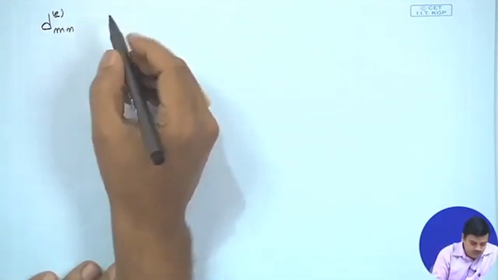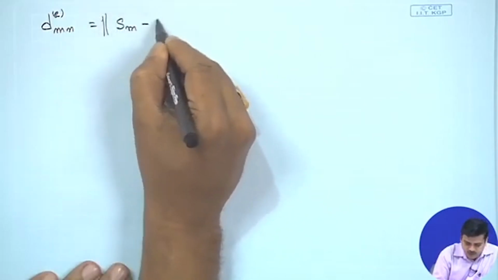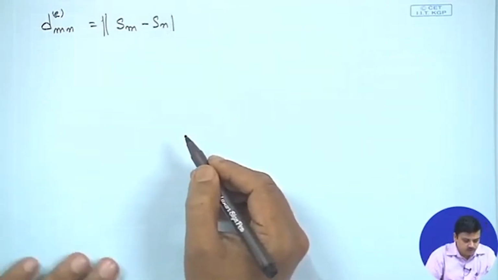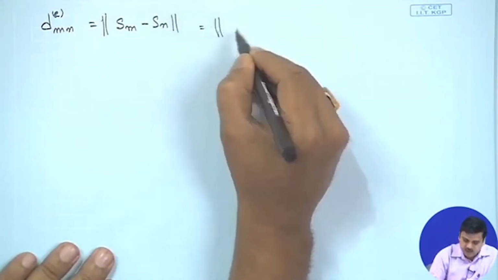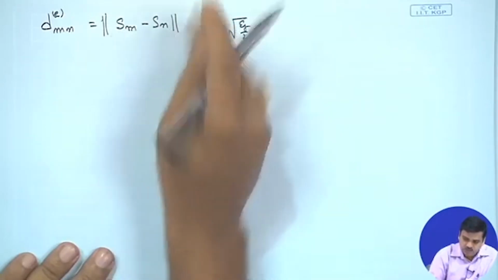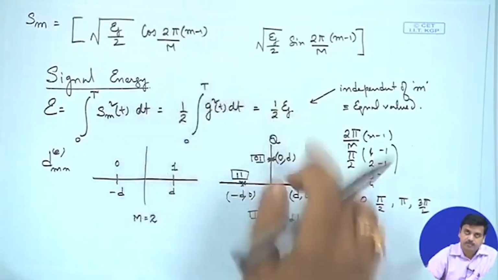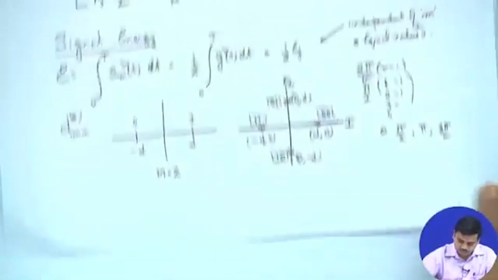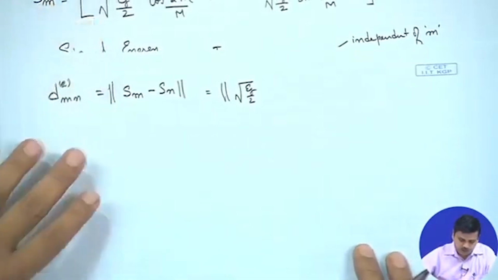So, if s_m and s_n are the signals, this would be the norm of s_m minus s_n. If you do this, you could calculate this as root over E_g by 2, because this is common in both of them. Keep it here and we can continue.